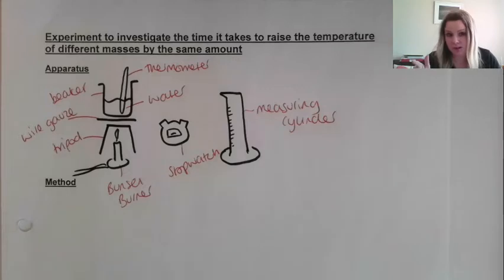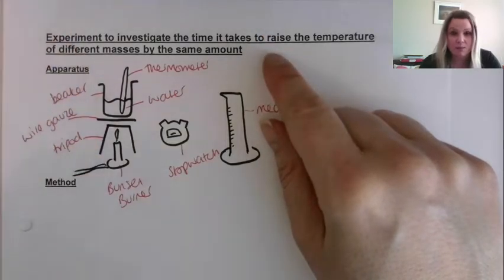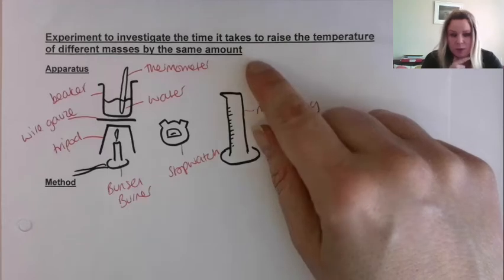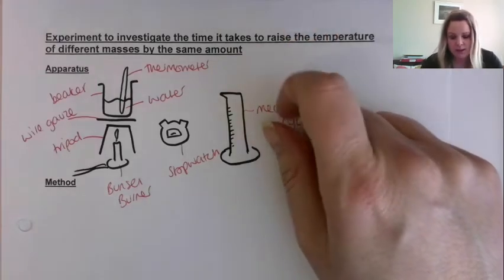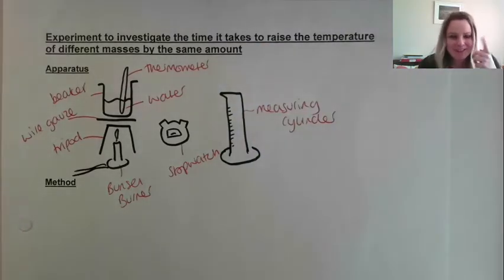Okay, so hopefully you have that drawn in, and I will talk you through it now. Remember, we're investigating how long it takes to raise the temperature of different masses of something. That something's going to be water, by the same amount. So we're going to raise the temperature of water by 10 degrees Celsius, with different masses. Water has a density of 1 gram per centimetre cubed.